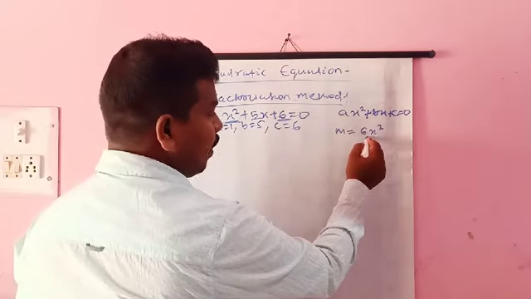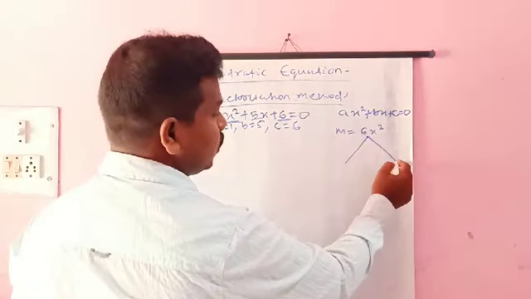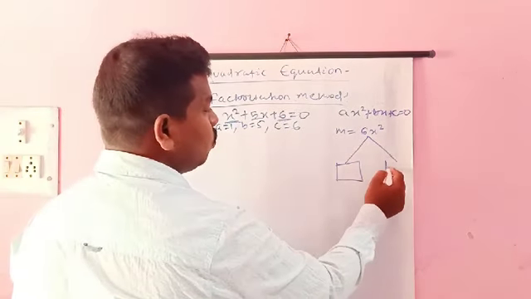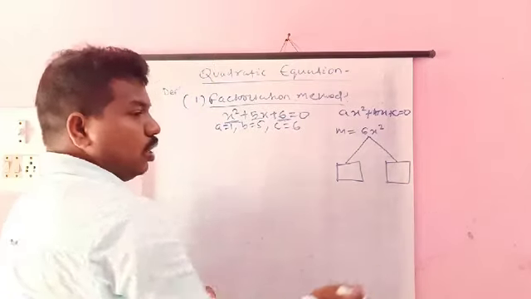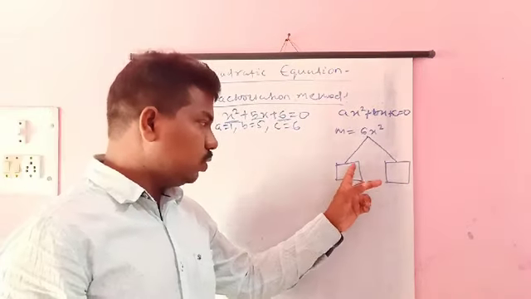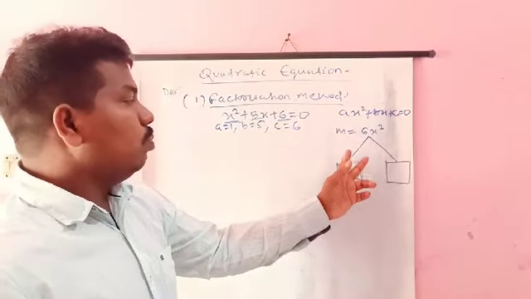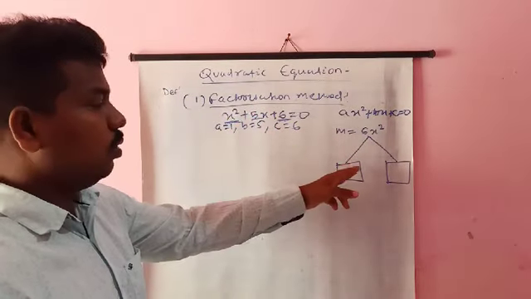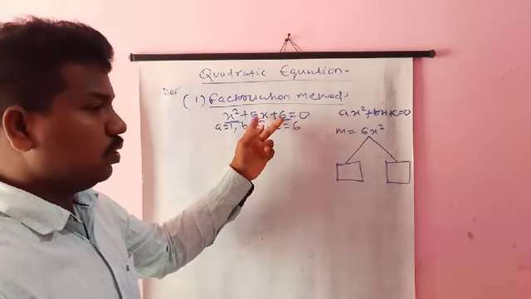Next, we have to find the factorization of 6x square. If we write the factorization of 6x square in two terms and add or subtract these two terms, we must get the middle term 5x.